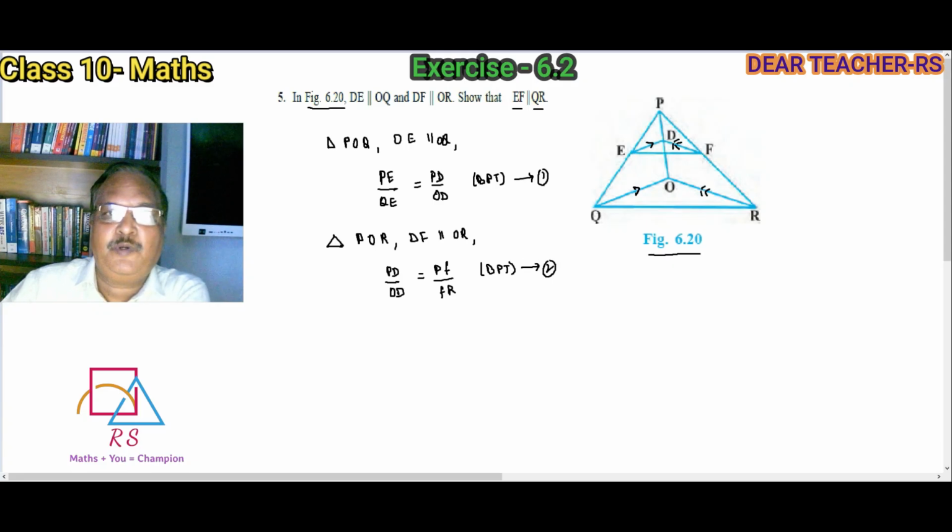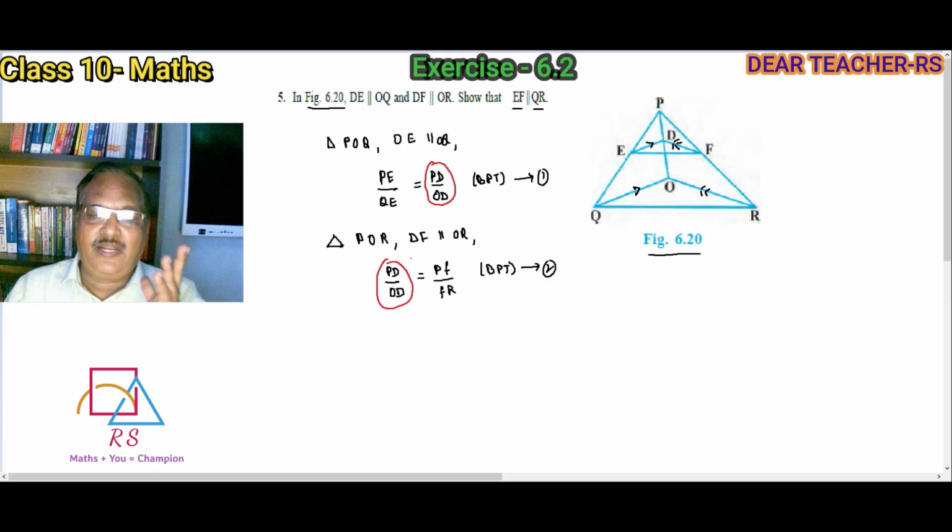Now compare both the equations. In this, PD by OD, and here also PD by OD. Right hand side of 1 is equal to left hand side of 2. Therefore, the other 2 sides are equal. So that means PE by QE is equal to PF by FR.